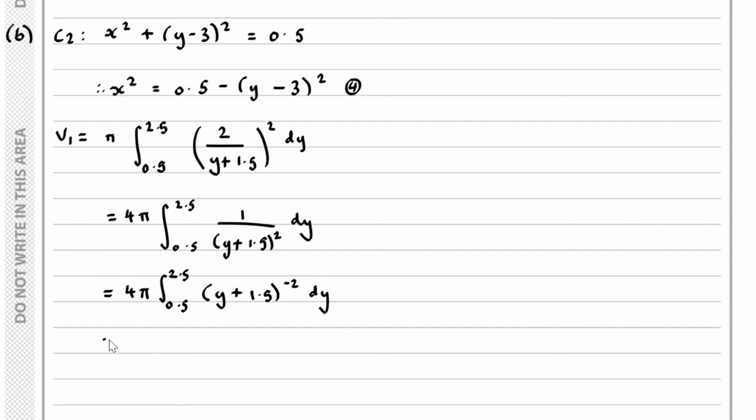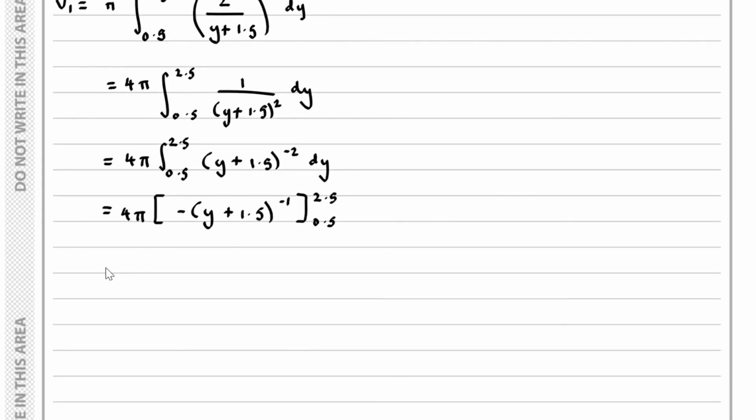If we work this out, we're going to have 4 pi lots of minus (y plus 1.5) to the minus 1 from 0.5 to 2.5. So now we need to work all of this out. So we've got 4 pi lots of minus (2.5 plus 1.5) to the minus 1, minus 4 pi lots of minus (0.5 plus 1.5) to the minus 1.